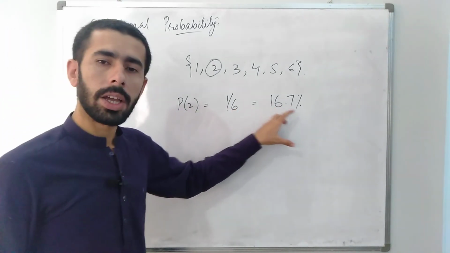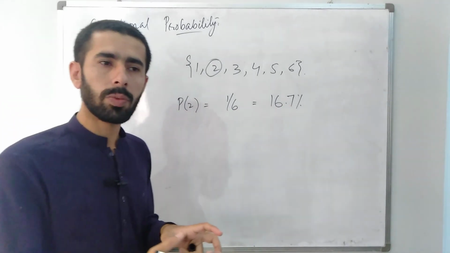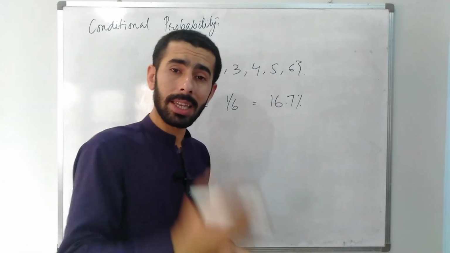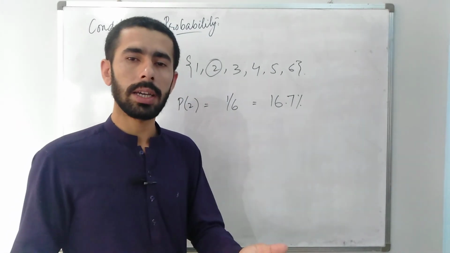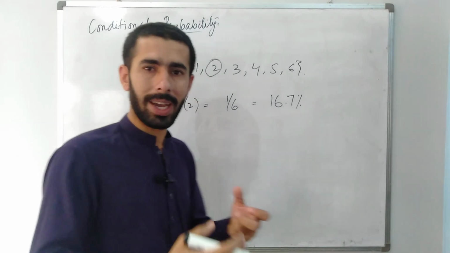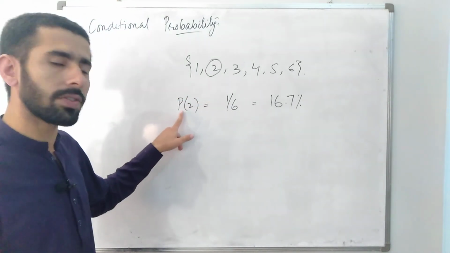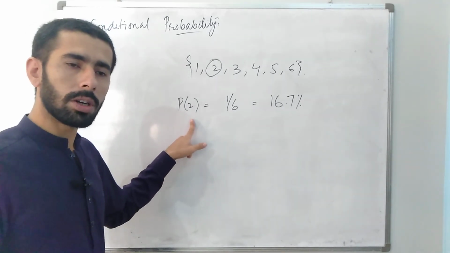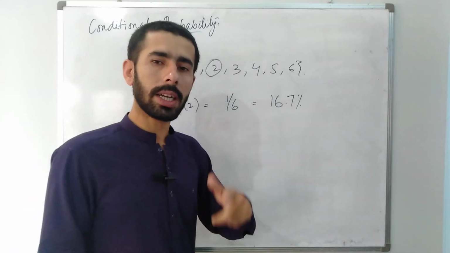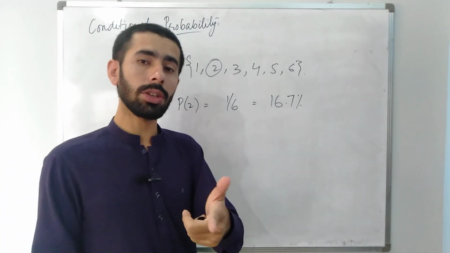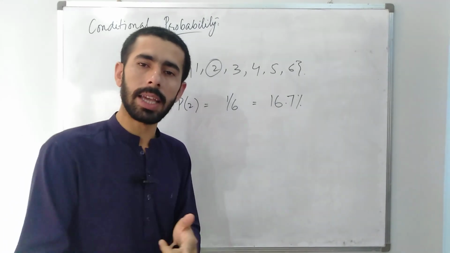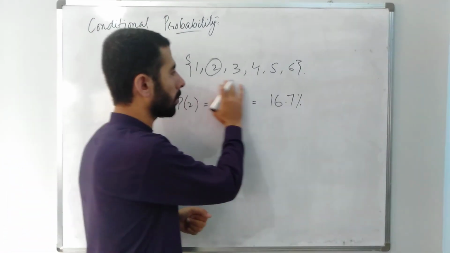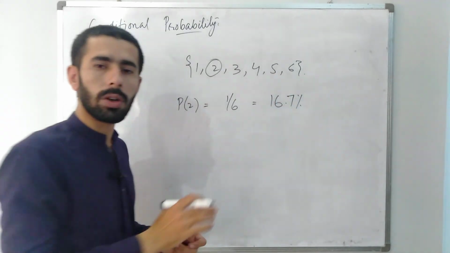But if someone tells me, what are the chances that you would get 2, given that you already know that the die has rolled an even number, now I would not see the probability of getting 2 throughout all the 6 outcomes.